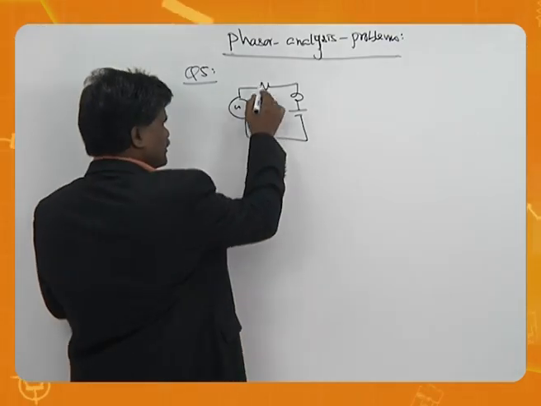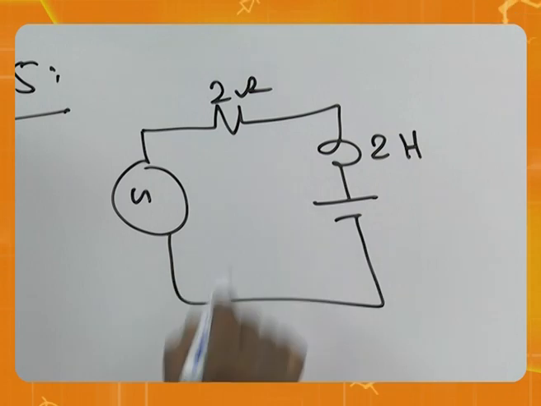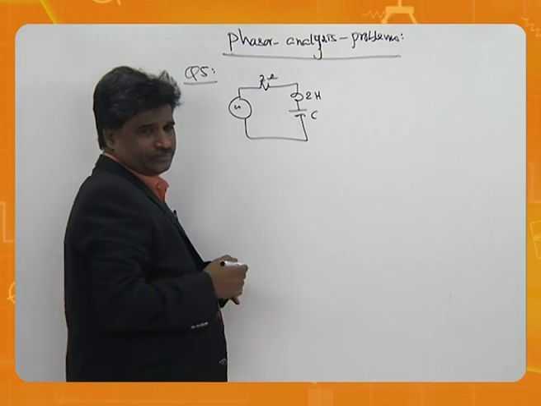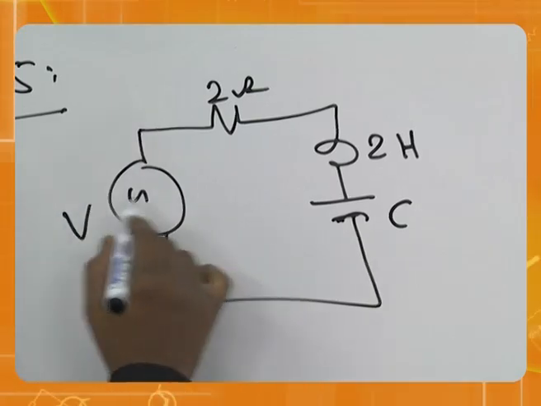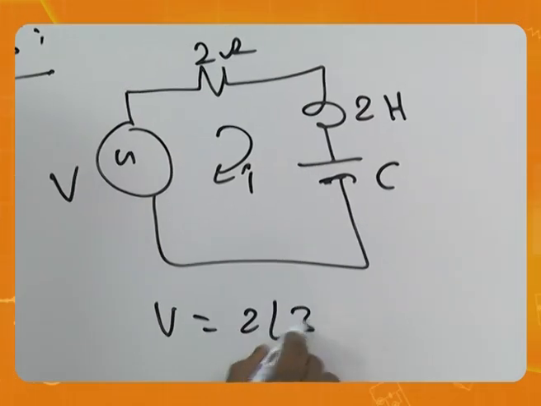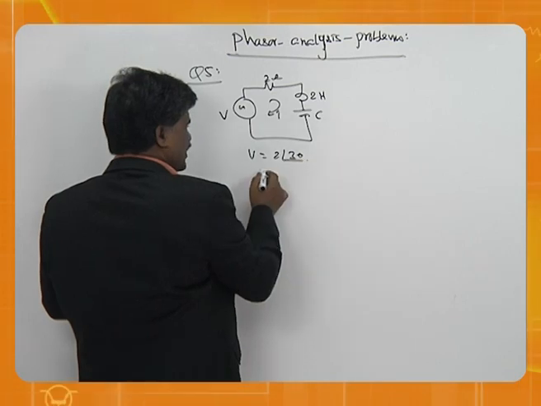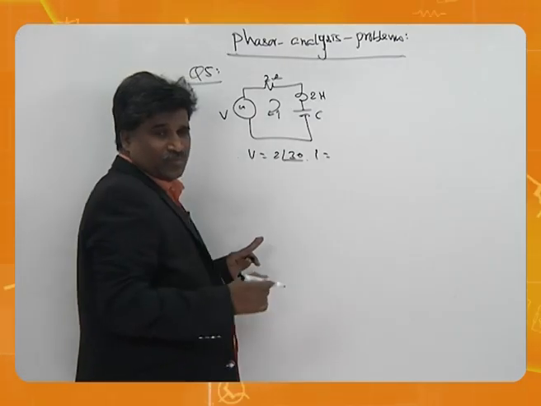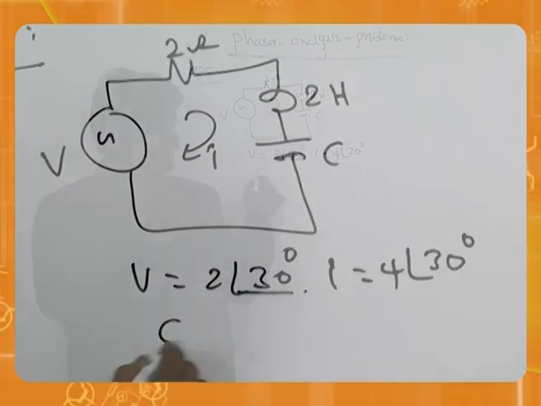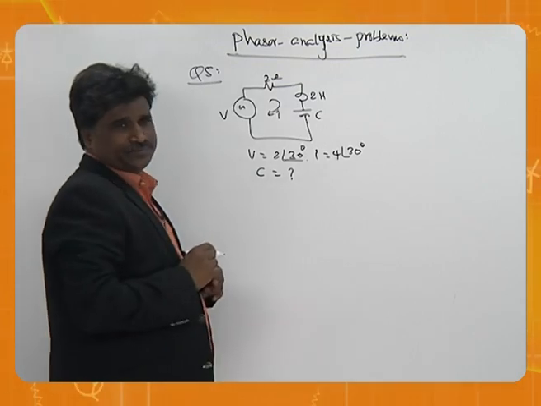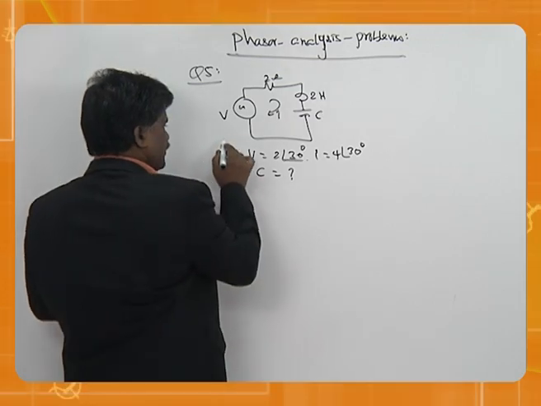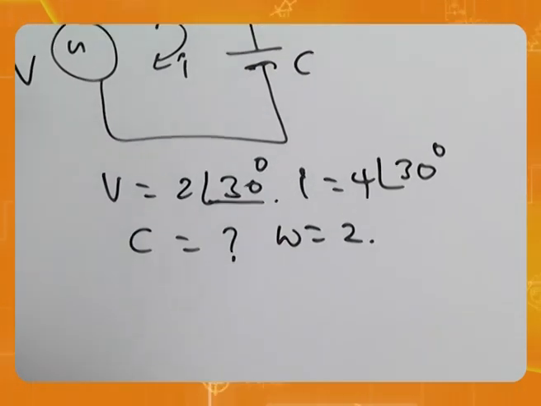Resistor is 2 ohms, 2 Henrys here, C we have to calculate. This is V, this is I. V is 2 angle 30, I is 4 angle 30. His question is calculate C, that's all. That's a simple question, and he also gave the frequency as 2.